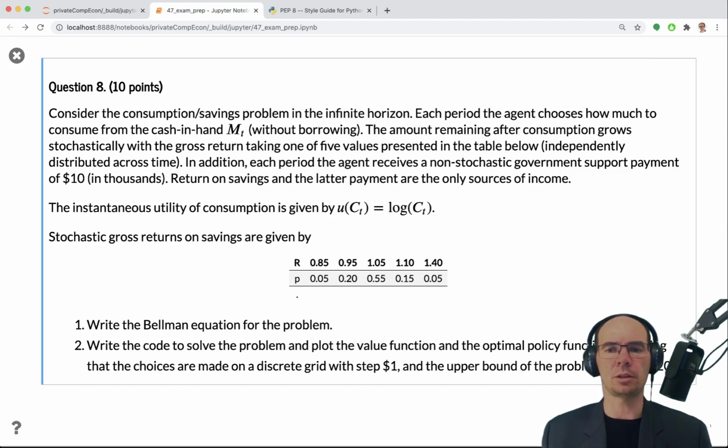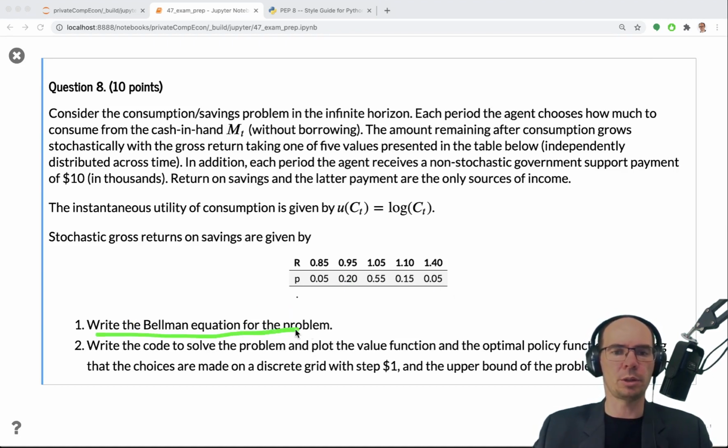Now, this expectation is not an integral; it's just a sum with the appropriate probabilities. So essentially, the work is to replace the quadrature points and quadrature weights with the numbers given in this table. These would be the points, and this would be the weights. And also replace the calculation of the next period's wealth to work with stochastic return rather than stochastic income.